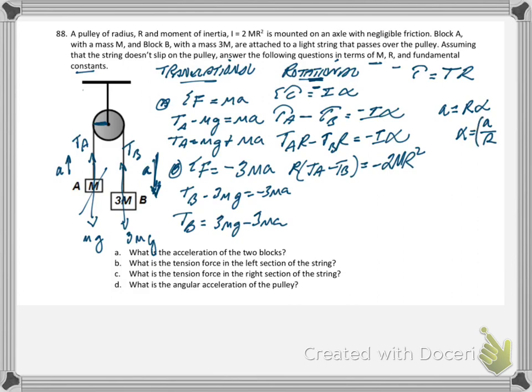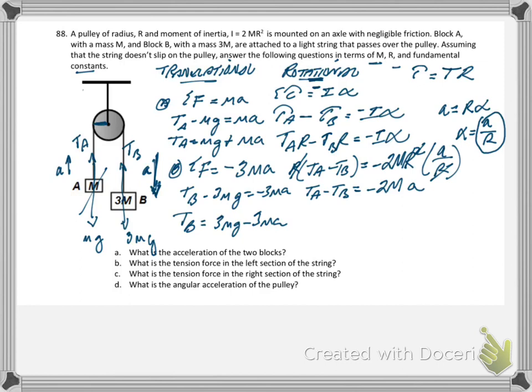We substitute this in for our angular acceleration. Since we have an r in the denominator, it's going to cancel the square, and then we have an r on both sides. We divide both sides by r, and we're left with Ta minus Tb equals negative 2ma.